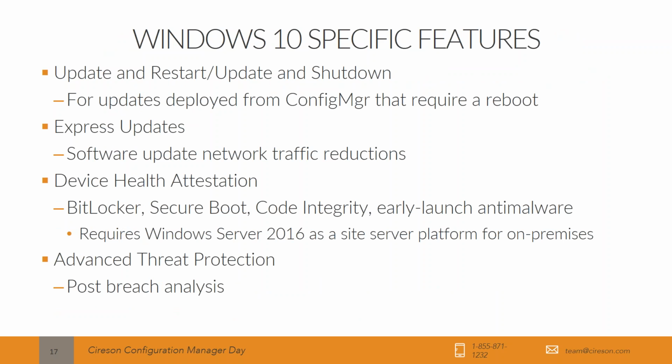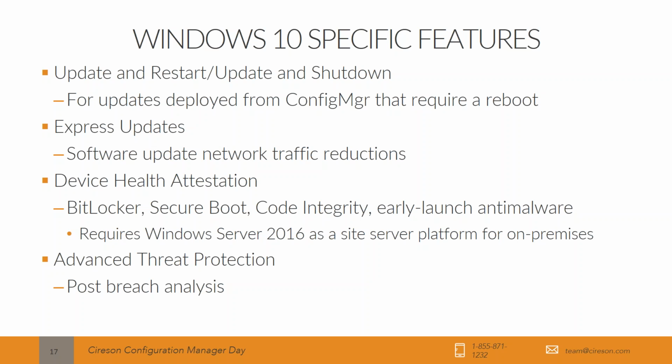Now, there are some specific features of Windows 10 that you get once you've upgraded to Windows 10 through Configuration Manager. So update and restart or update and shutdown. That's a new feature that's available through Configuration Manager, just like you can through Microsoft Updates. So that's for updates deployed from Config Manager that require a reboot. Express updates.